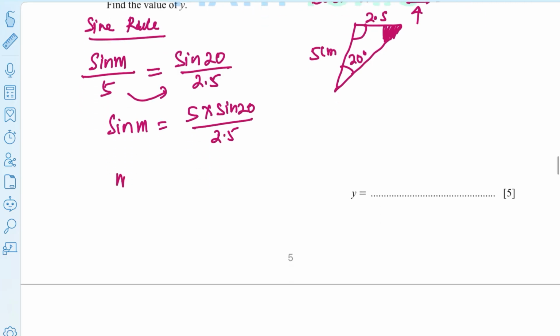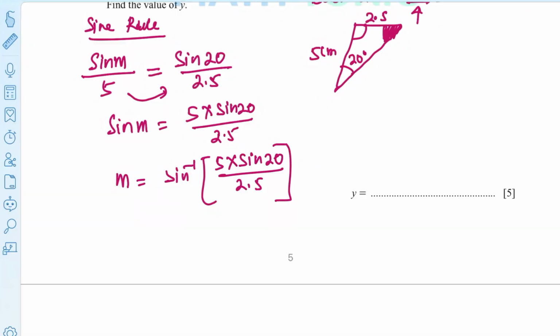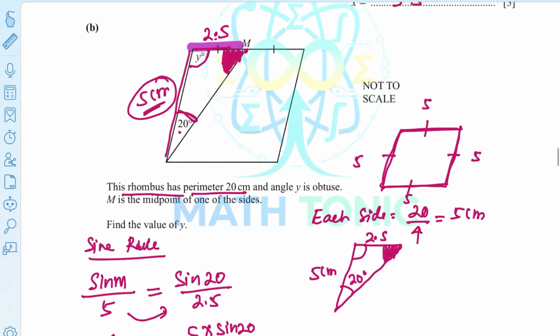Now to find this angle at M, we can take sine inverse of 5 times sine 20 over 2.5. Is it okay? One second please. That is exactly equal to 43.16 degree. In this triangle we have 3 angles, right?